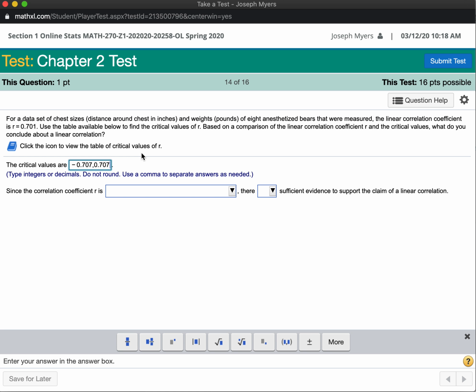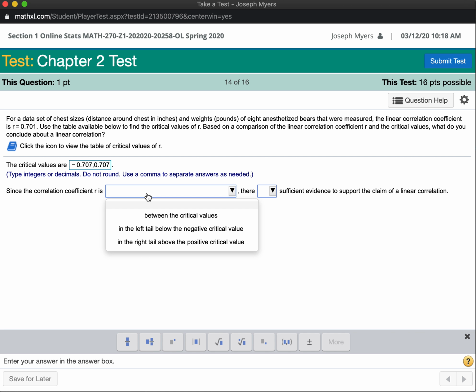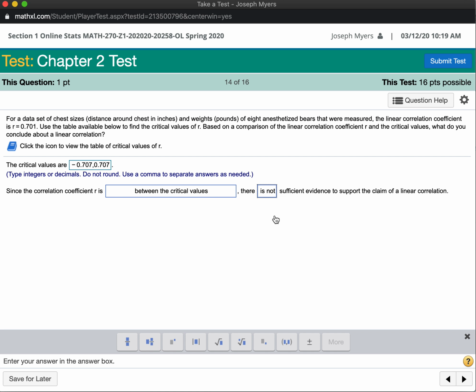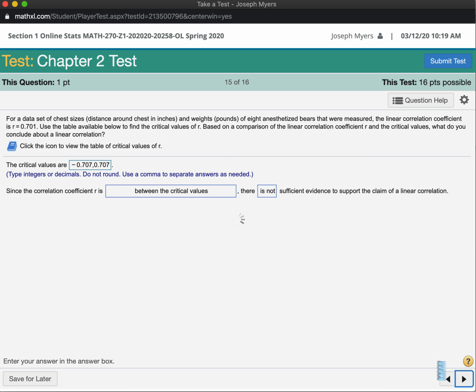The correlation given is 0.701. So is 0.701 between those values? Let's see, yes. 0.701 is a little bit less than 0.707, so it is between the critical values. So there is not sufficient evidence to support the claim of a linear correlation.